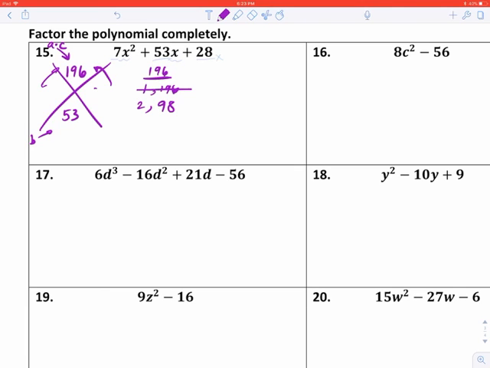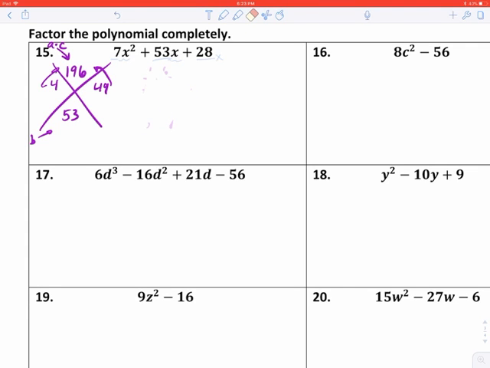I get 98, that one will also not work. I can check 196 divided by 3, I get a decimal. 196 divided by 4, I get 49. And I think there is a way to combine that, and I would do so with a positive 4 and a positive 49.